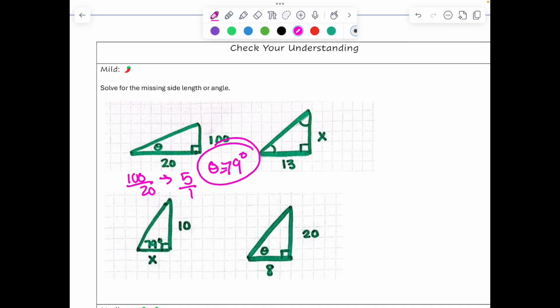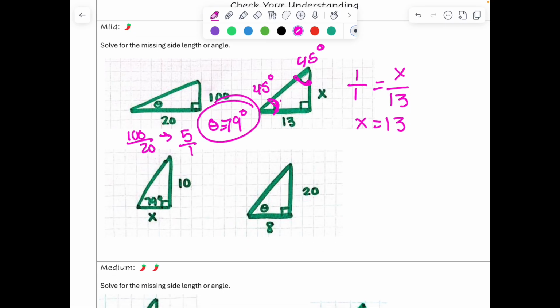So that's what that angle is. When these two angles are the same, those are both 45-degree angles because angles in a triangle have to add up to 180. So 45, 45, and 90 add up to 180 degrees. And we know the ratio for a 45-degree angle is 1 over 1. So we can set x over 13 equal to 1 over 1. So x is 13.